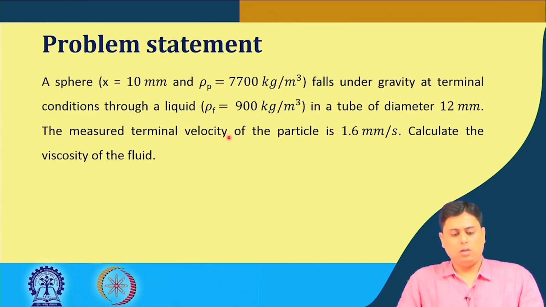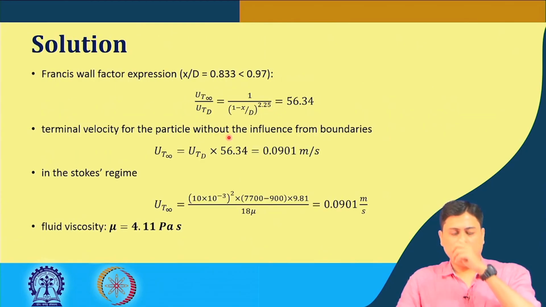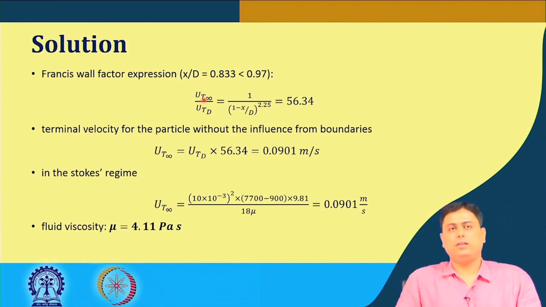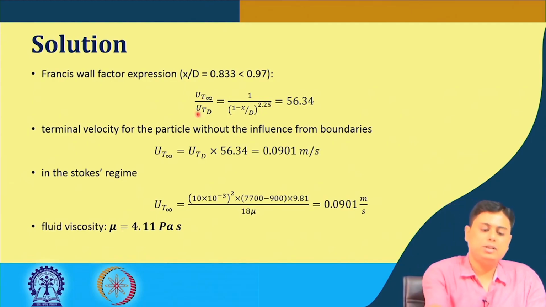Okay. So the point here, by applying this Francis wall factor expression, because here x by d you can see is near about 0.833, which is greater than 0.7, that was the limit for applying the Francis wall factor expression, which is nothing but such an expression that ut infinite is the free fall terminal velocity in an infinite pool of liquid, or a fluid of infinite extent, and this is the measured terminal velocity.